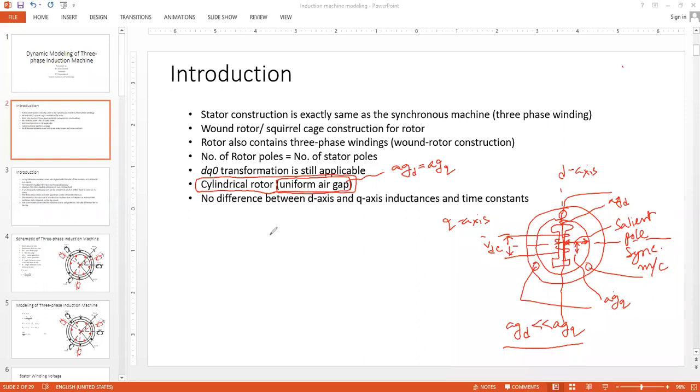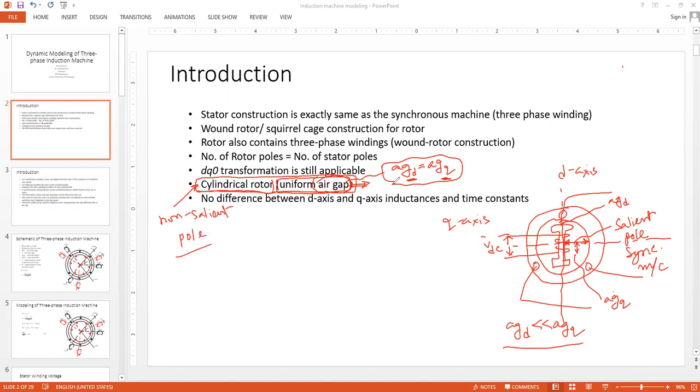Okay, so that point would be clearer once I introduce the schematic diagram for the induction machine under consideration for this lecture. So for the cylindrical rotor, what we will get is this uniformity in the air gap, along the D axis and along the Q axis, because we are considering cylindrical type or non-salient pole type configuration.